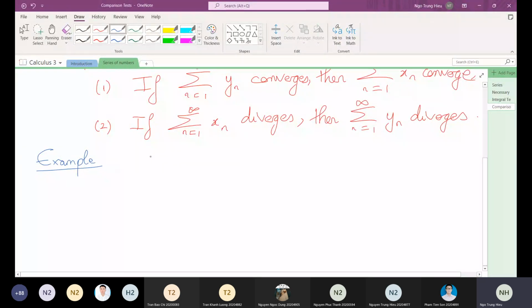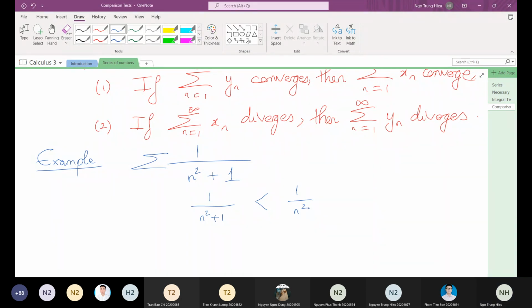For example, if we take the sum of 1 over n squared plus 1, we can use the integral test or we can use a comparison test. You see that 1 over n squared plus 1 is less than 1 over n squared.